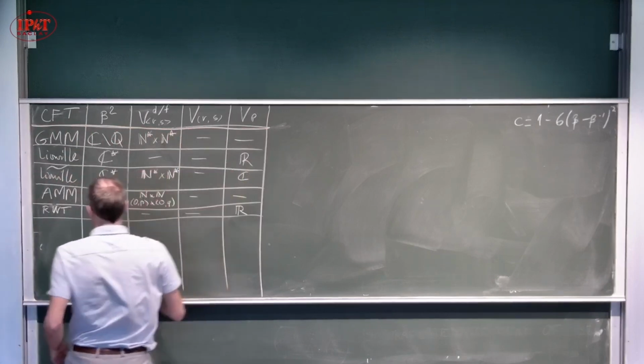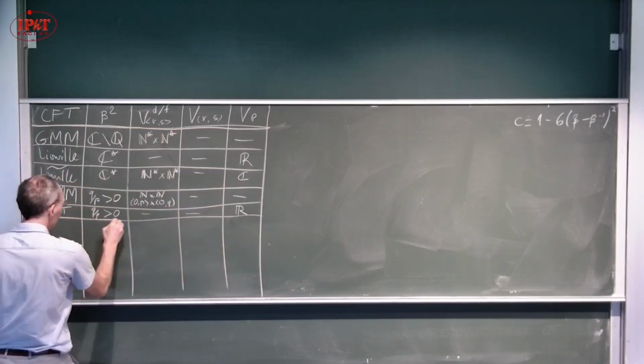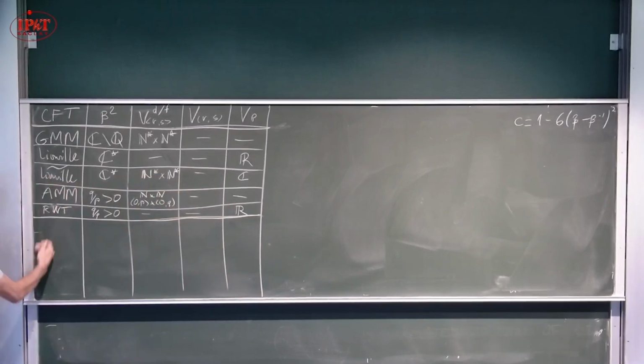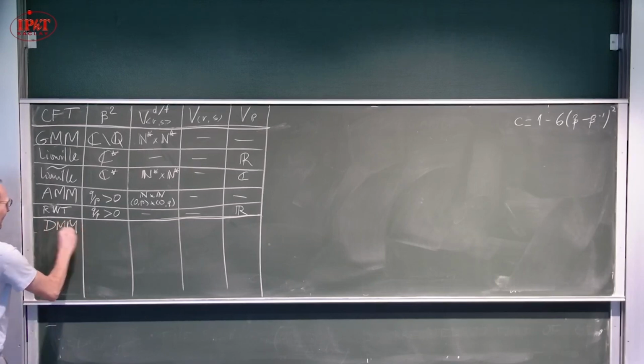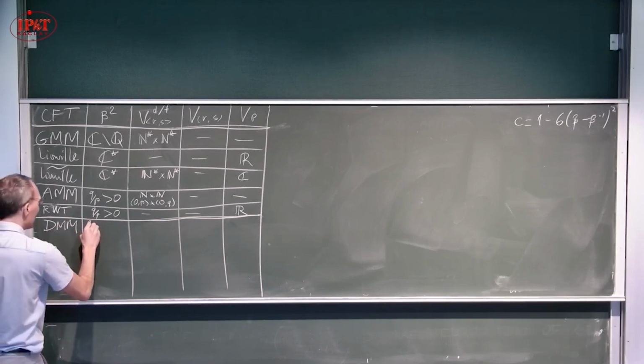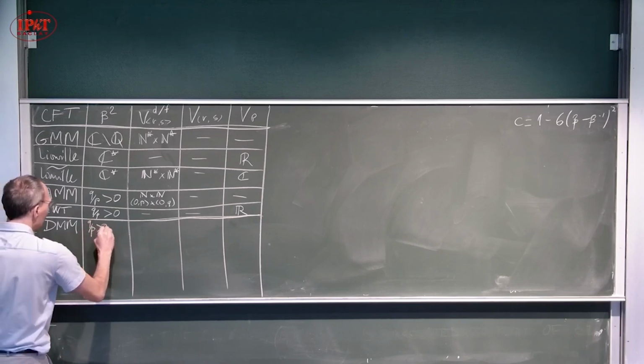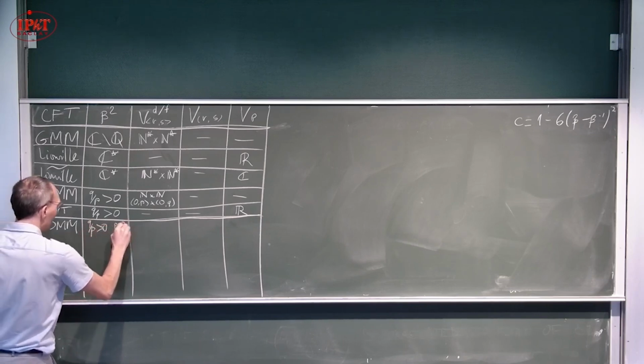So these were the diagonal CFTs, and then we looked at a couple of non-diagonal cases, starting with D-series minimal models. So here again, beta squared is rational, Q over P, but now P was even.